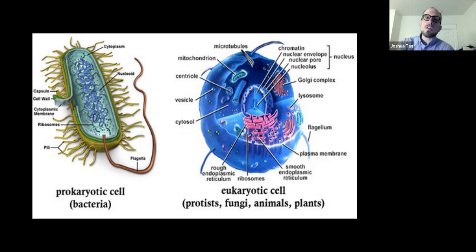There's a part of the cell called the mitochondria, where a lot of the energy is produced for the cell to use. Mitochondria have their own nuclear material, their own nucleic acids. And this indicates that this was once a separate organism that then got incorporated into eukaryotic cells.